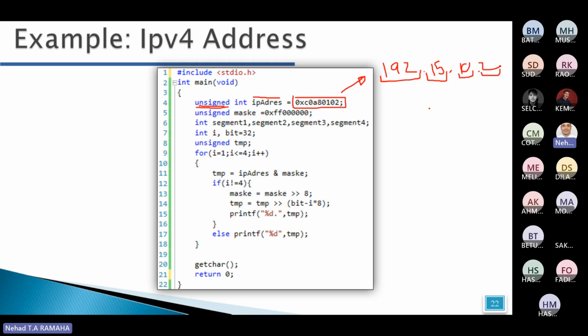Okay. So how to print it as segments? Each segment actually is 8 bits. Yes. So we need this mask. The mask will be everything 0 except this one as FF.